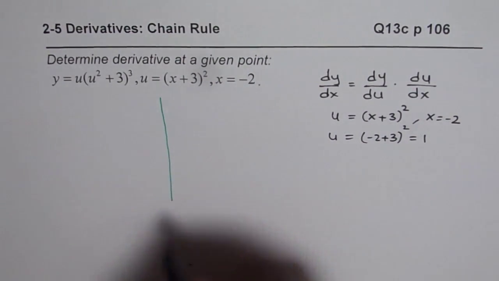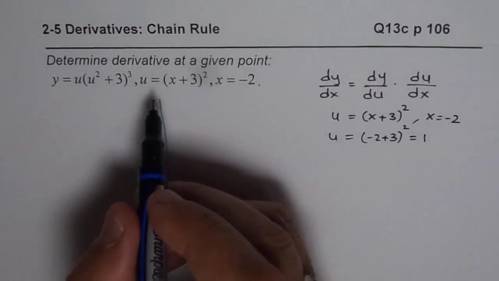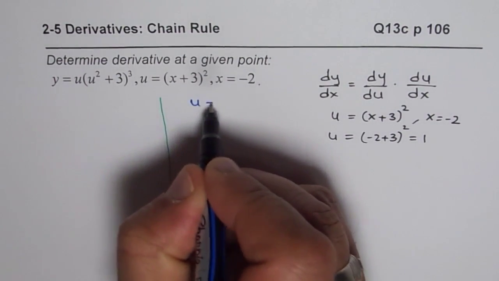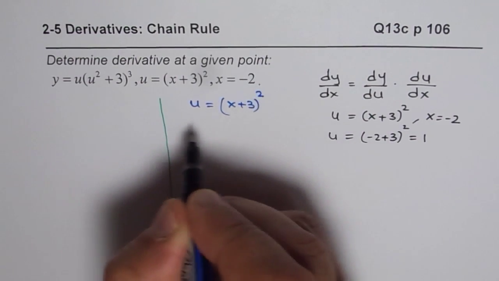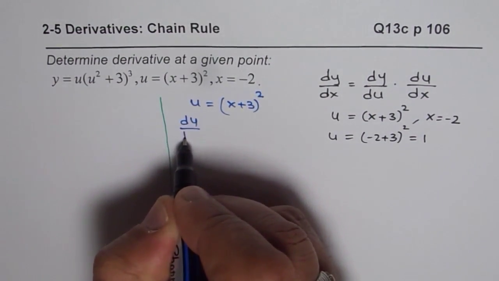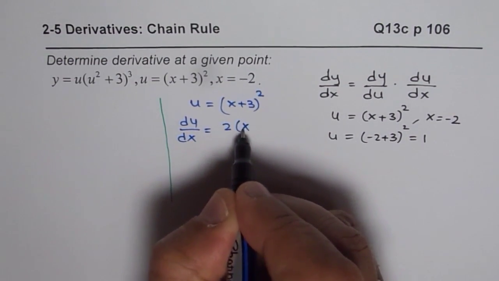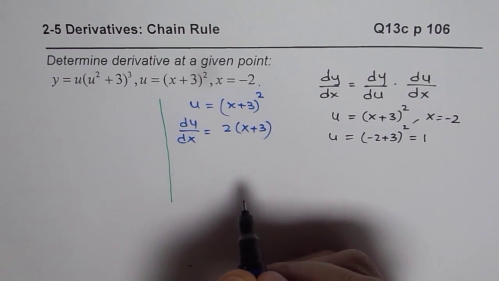So I'm just dividing it into two parts. We'll find the derivative of each. u is the inside function, u equals (x plus 3) whole square. du/dx is equal to 2 times (x plus 3) times the derivative of the inside function, which is 1.